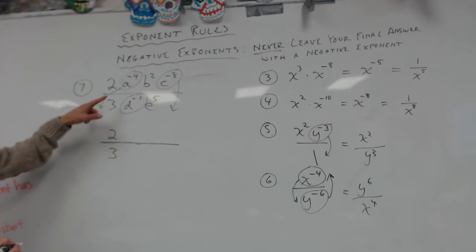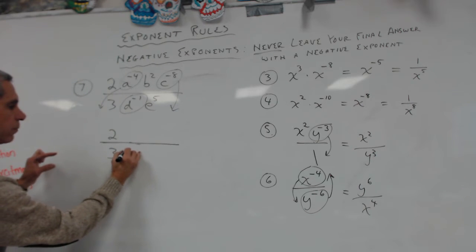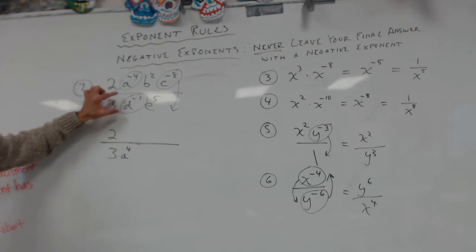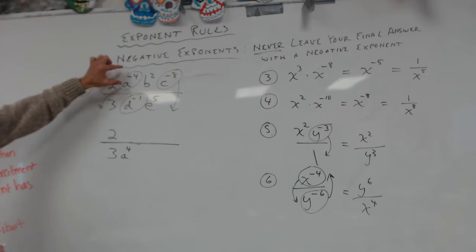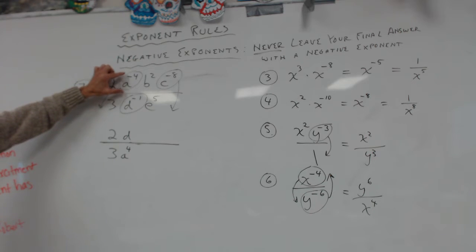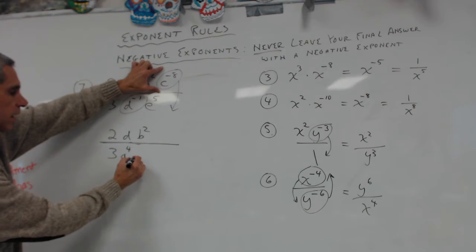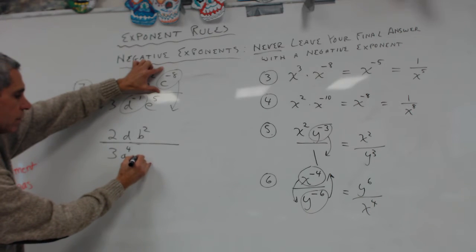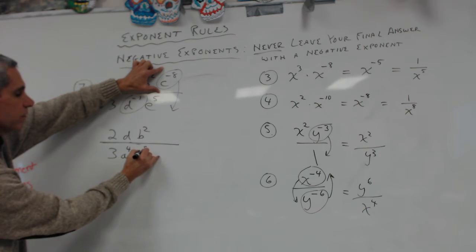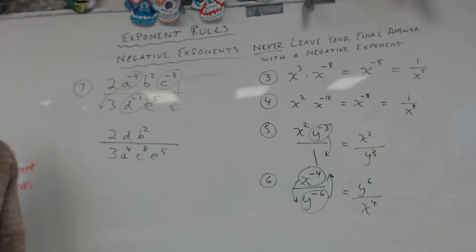My a to the -4 is going to go downstairs, so I'll put a to the +4 here. My d to the -1 is going to go upstairs, d to the +1, or d. B squared, can I just leave that? Yes. C to the -8 goes downstairs, c to the +8 down here. And then e to the 5th. You with me? You're basically making everything positive. And it's not very nice.